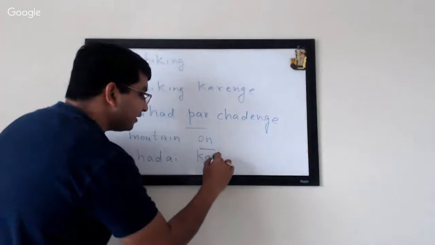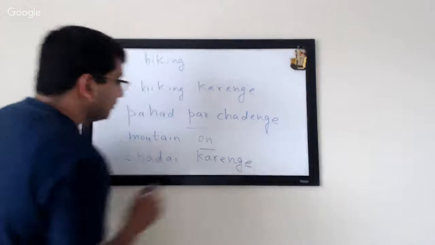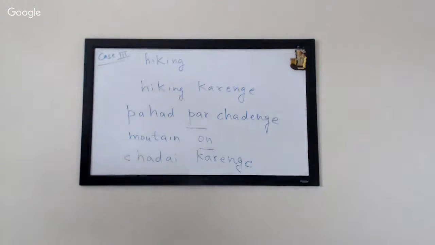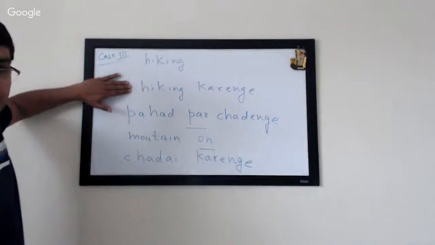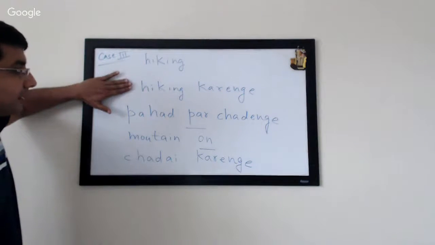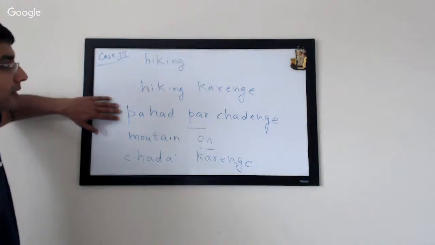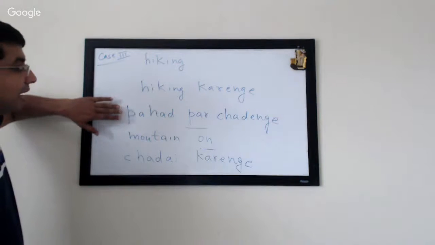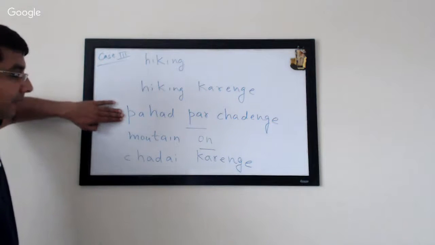Bear with me if these are new words for you, and you're finding it a little difficult. Once you go over it again, it'll be easier. So the easiest one would be hiking karenge, if you don't want to add any complications. If you're trying to hike a small mountain, you can say pahad par chadenge, right?